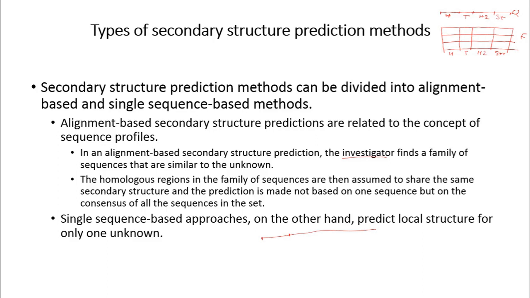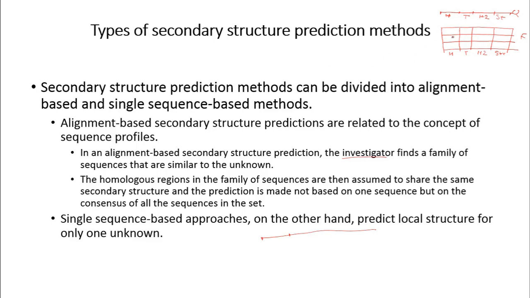Okay, so these are two broad types of protein structure, or you can say secondary structure prediction methods. Okay, is it clear now how the alignment based approach differs from the single sequence based approach? Yes, sir.